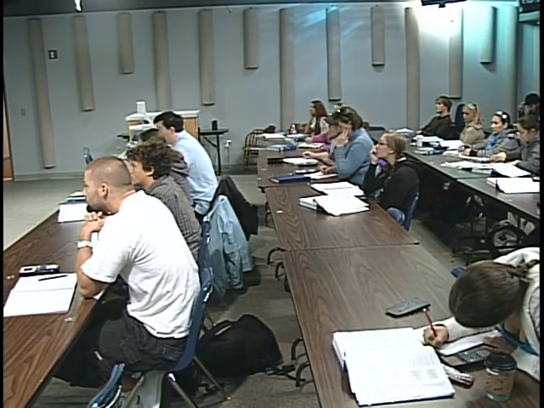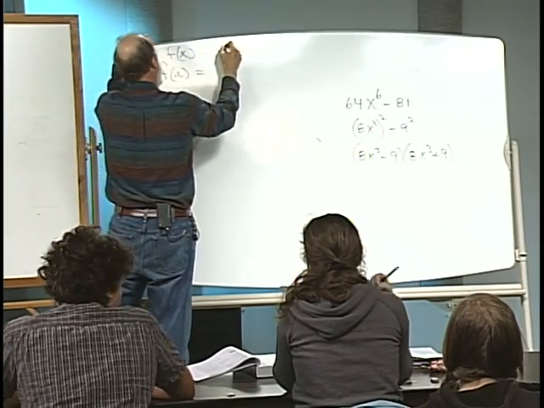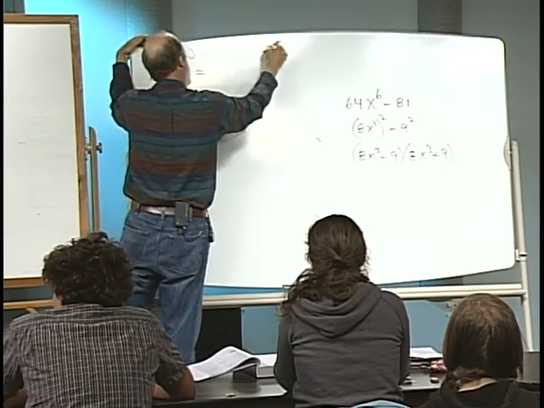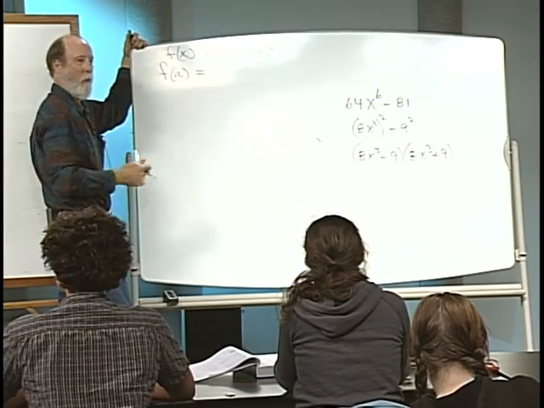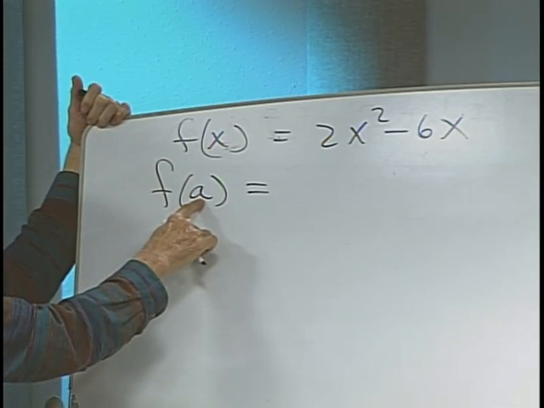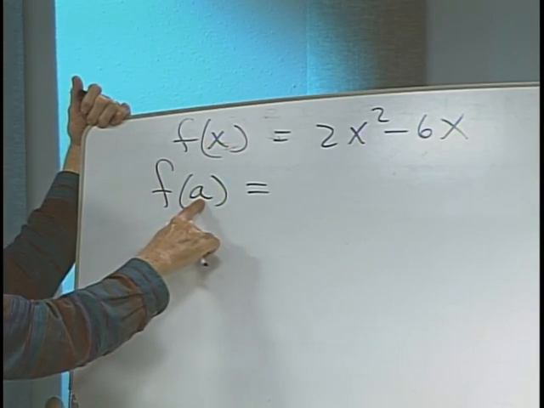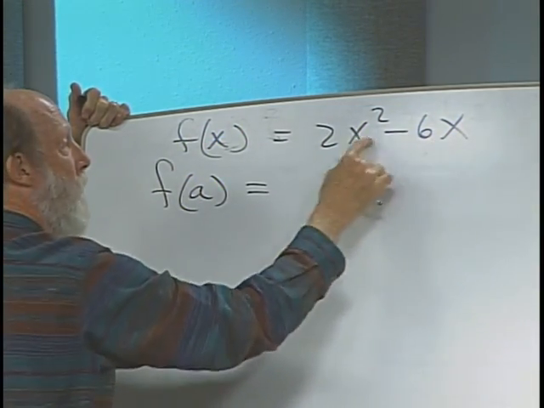What would f of a be for that particular function? We had our function 2x squared minus 6x. What would f of a be? 2a squared minus 6a. Right. All we're doing is replacing our input with a, right? And this is a recipe, remember, and this is our input right here where you see this x.